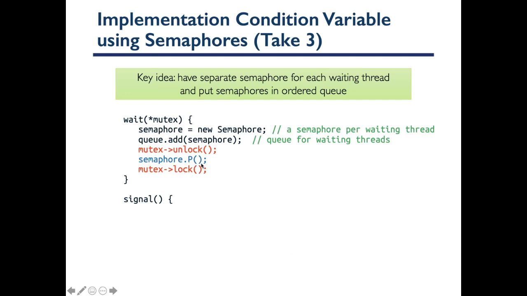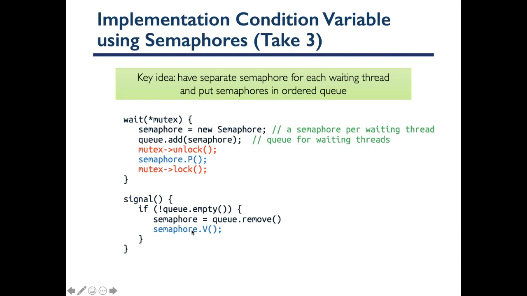Now let's look at signal. Now we have a queue here. Again, this signal hopefully is called when the mutex is locked, so I have atomicity. I check if this queue is empty. And if not, then I can remove some semaphore from it and call V on that one semaphore and get done with it.